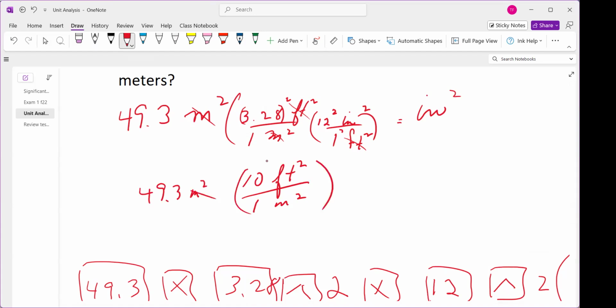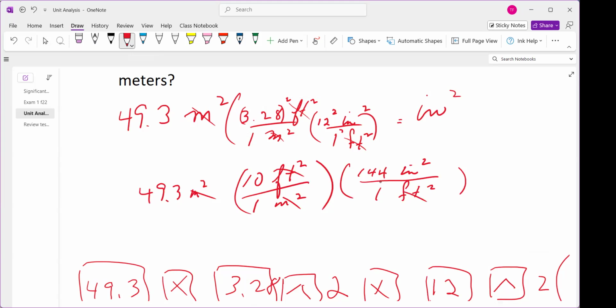Okay. Meters cancel, gives us square feet. And we need to go feet to inches. Okay, so 12 times 12 is 144. All right, feet canceled, square feet canceled.